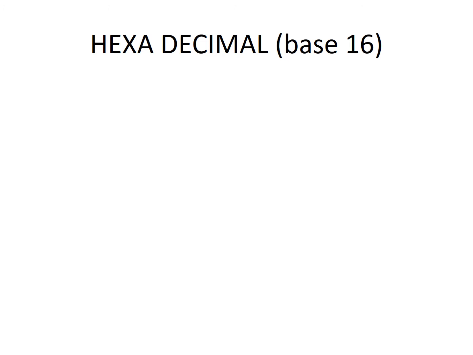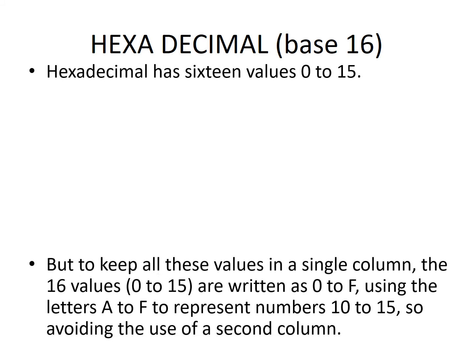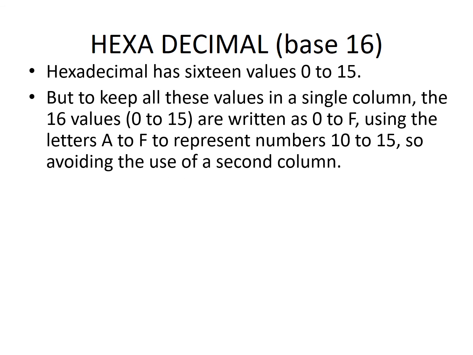After 9, for representing 10, we write A. The value 10 is written as A, then 11 as B, 12 as C, 13 as D, 14 as E, and 15 as F. So 16 values are there, normally written 0 to F: 0 to 9, then A, B, C, D, E, F for 10 to 15.